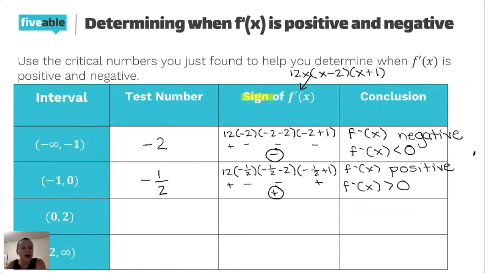Take a couple minutes on your own and see if you can come up with whether or not f prime of x is positive or negative in the interval 0 to 2, and also in the interval 2 to infinity. So take a couple minutes on your own and see if you can complete this chart, and I'll come back in a couple minutes and check in with you to make sure we agree on those intervals.